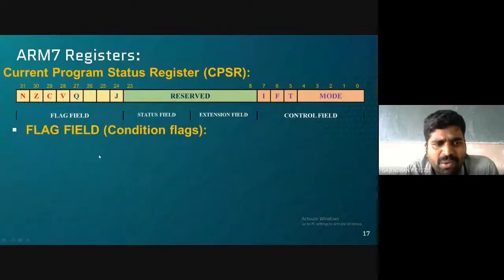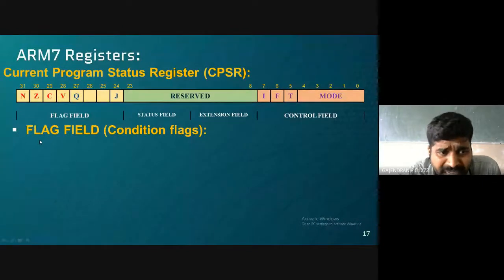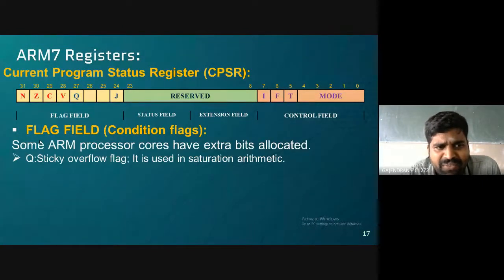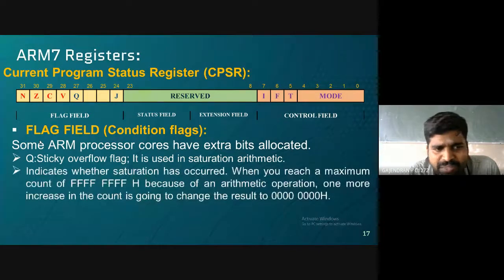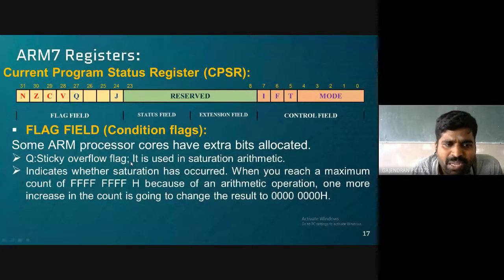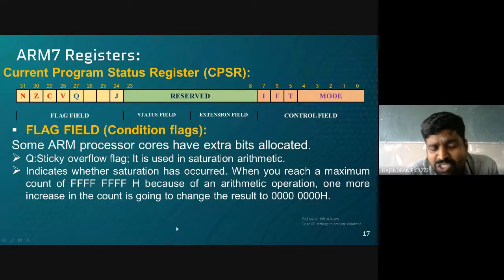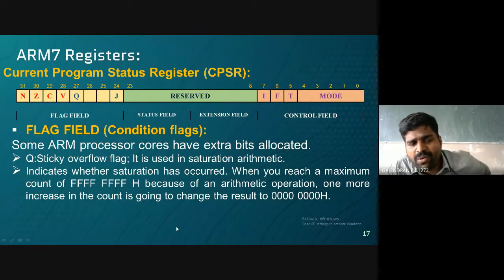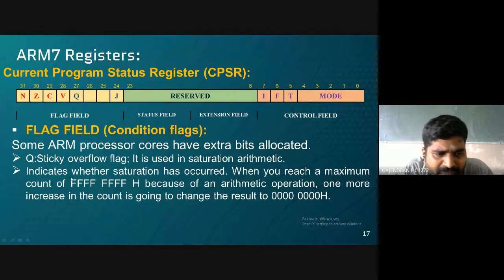ஓகேவா? Now condition flags. Condition flags are 2 flags. One is the Q, the sticky overflow flag. Note that it is not simply overflow, it is a sticky overflow. So there is a difference between the V and the Q. What is the function of the sticky overflow? There are some situations where your 32-bit register gets filled as FFF.